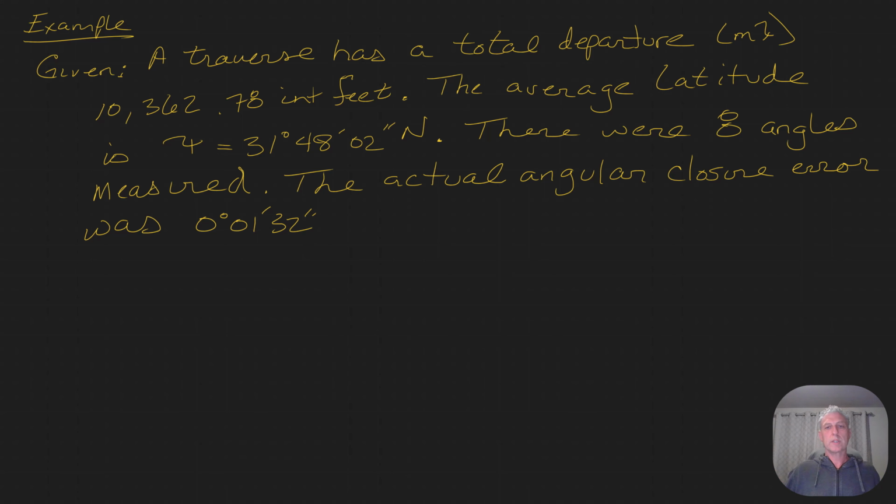So we do this loop, we run our east-west traverse, and we come up with an angle closure of 1 minute, 32 seconds. And we know we performed calculations in planar coordinates, so there must have been some of this that's convergence.